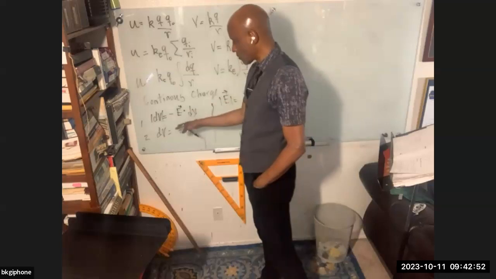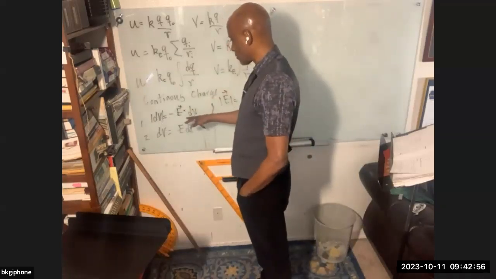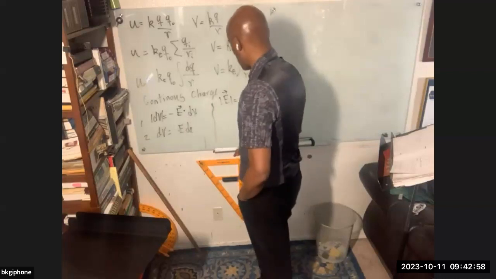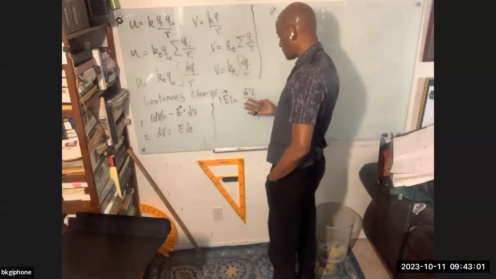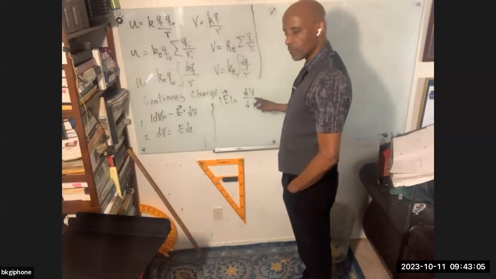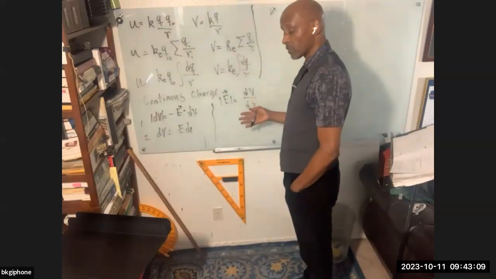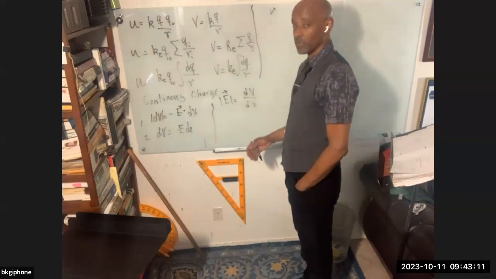The integral form, as I had written down earlier, if I take the integral of both sides, I have that integral equation. But I can also write a differential form of the equation in this way. So the point is that if I can figure out the formula for the potential in a region of space, and then I take the derivative of that formula, that can give me the electric field.